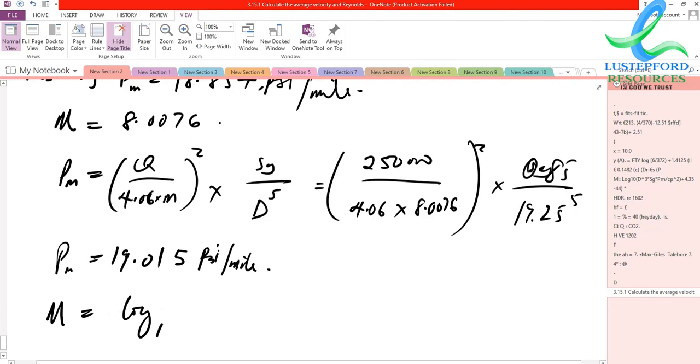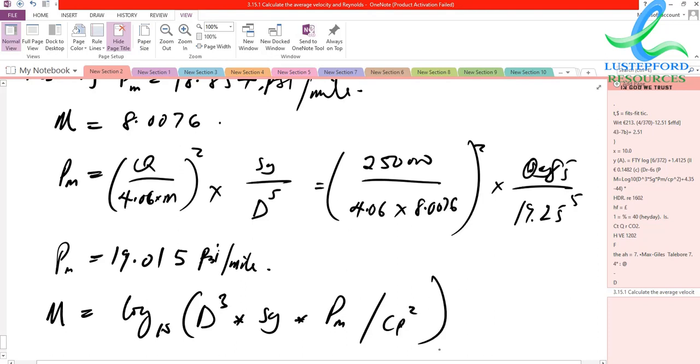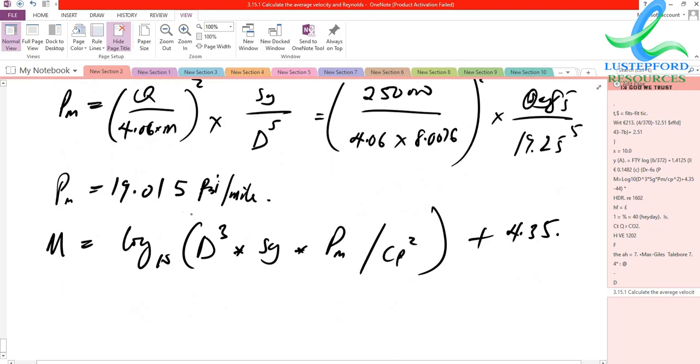This is log 10 of d raised to power 3 times SG times PM divided by CP square, all in bracket. This is 4.35. Now we are using this as the assumed value.